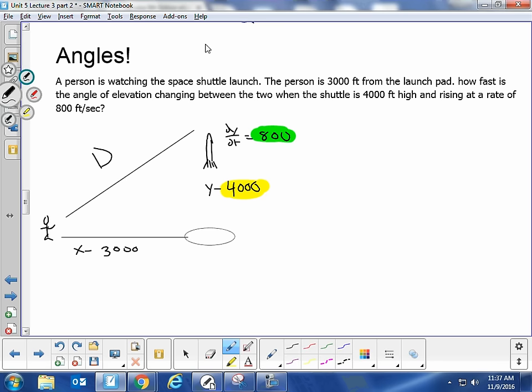Guess who's going to help you for these problems? Good old Chief SOHCAHTOA. Okay? Person's 3,000 feet from the launch pad. How fast is the angle of elevation changing between the two when the shuttle is 4,000 feet high and rising at a rate of 800 feet per second?